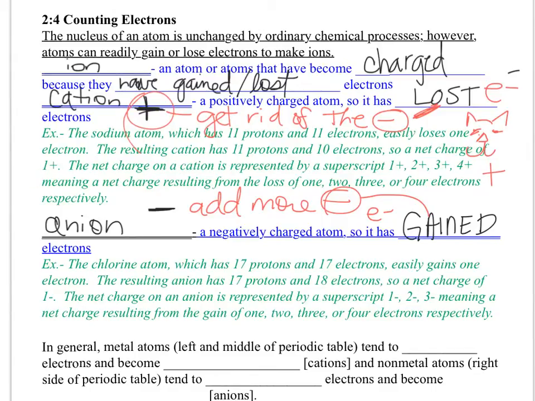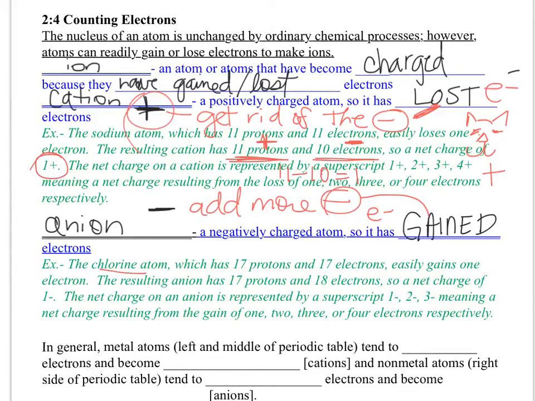You have one more positive here. If you think of it like a balance, you've got 11 positive and 10 negative. That's how you figure out the charge. 11 minus 10 equals 1. And then the sign, since it's got more protons, is going to be positive 1.